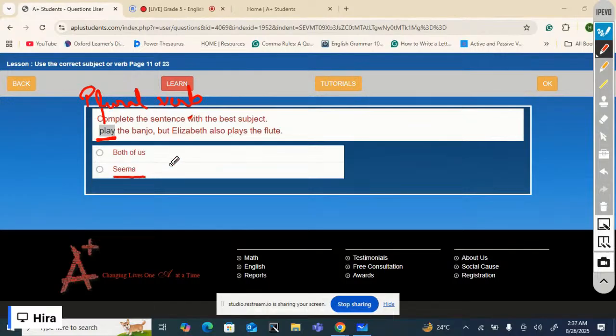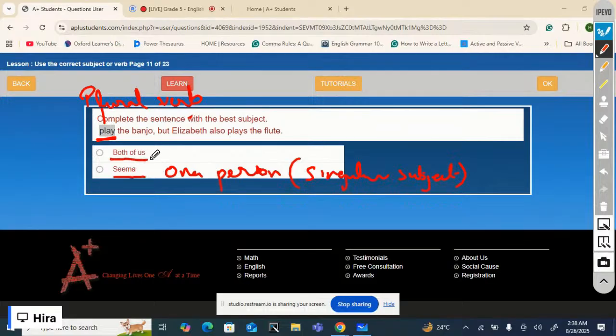Seema is the name of one person, which means a singular subject. Can we use a singular subject with a plural verb? No, it's not right. It doesn't make sense.